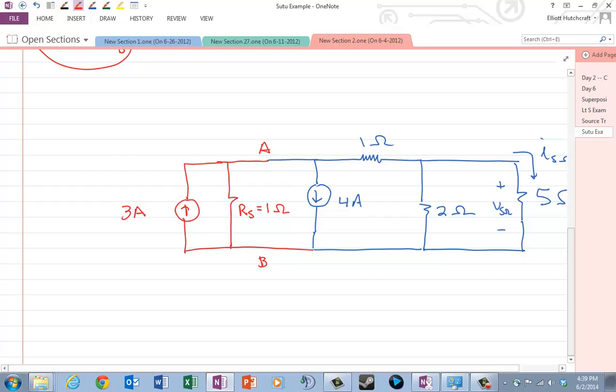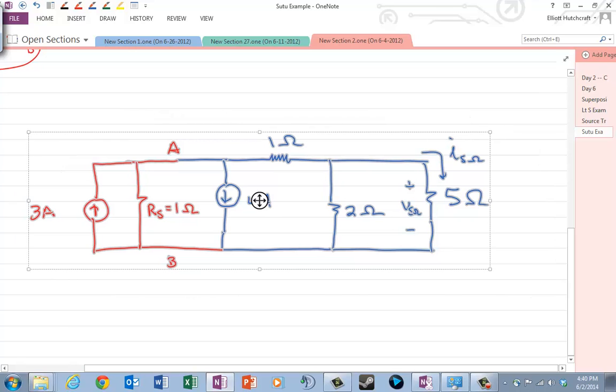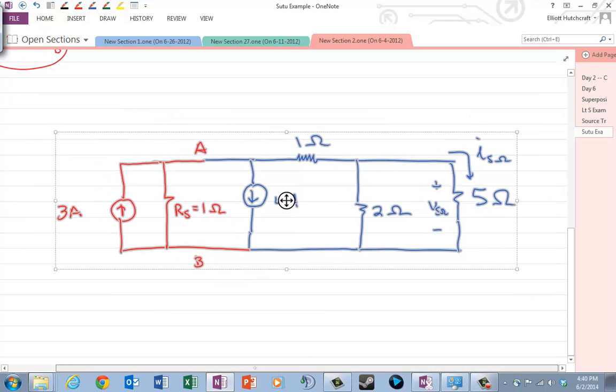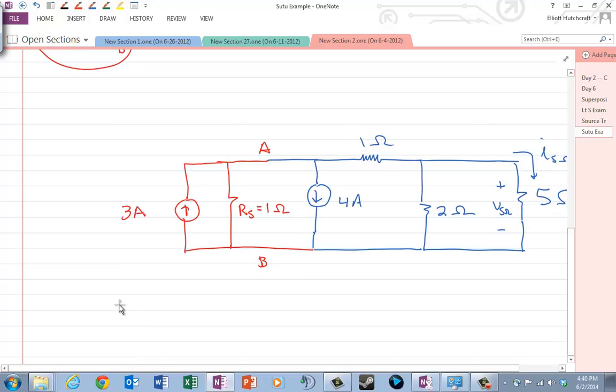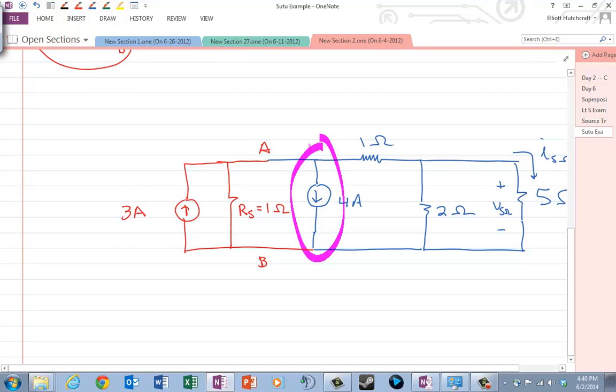Notice I didn't have to analyze any circuit really, it was pretty simple, but now I've gotten into the spot where I have one interesting thing here: I've got this source and this source, which are both current sources, and they're in parallel, and we talked about how we could add those parallel current sources previously.